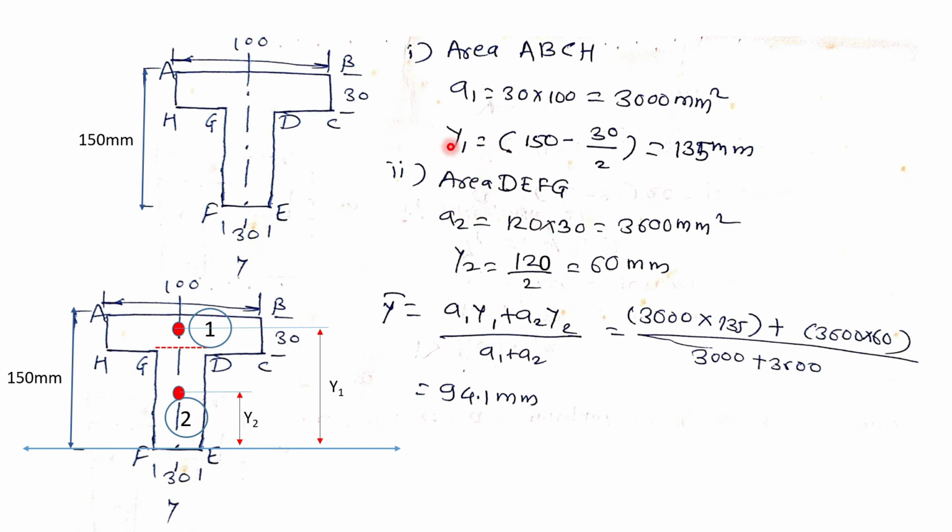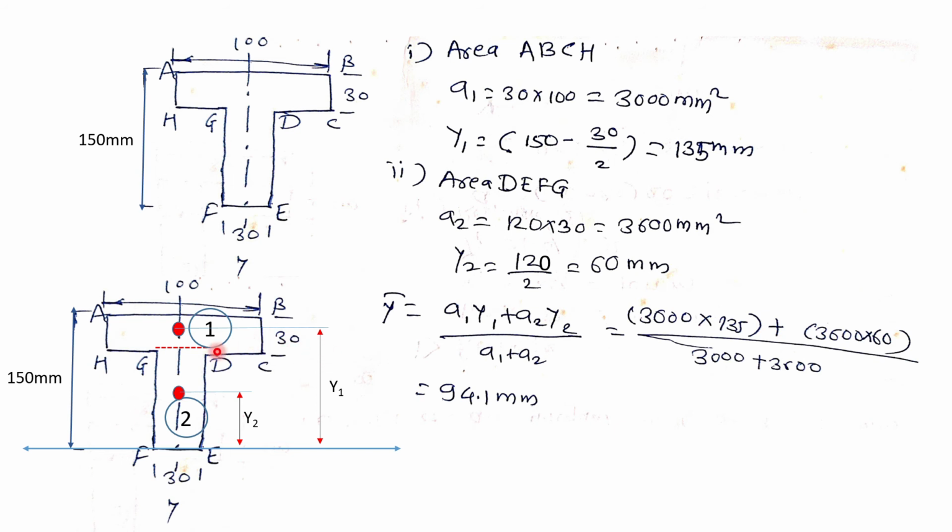Similarly, in this particular part 1, we can see that y1 is the distance, and how to get the distance from the geometry, you can easily find out. Total distance is 150, and deducting this 30, we get this distance as 120, right?